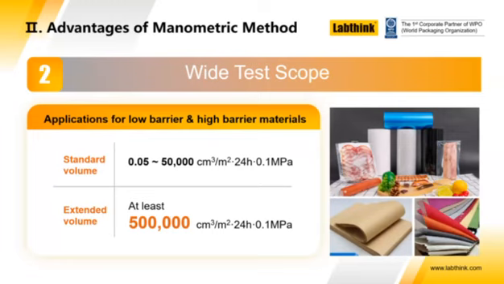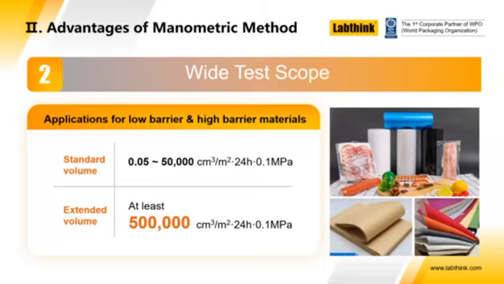And so you can see with one instrument, you have the capability of measuring relatively high barrier materials, or those with a very low transmission rate, and very poor barrier materials, or those which are designed to have a high transmission rate. So it's good for a lot of different applications.